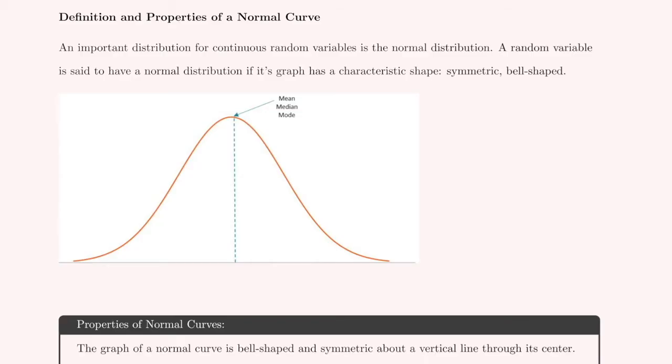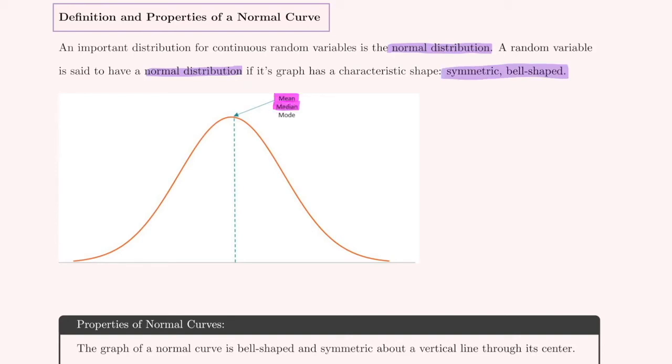Welcome. Let's begin with properties of the normal curve. In statistics, data can be presented as continuous random variables, and one important type of random variable distribution is the normal distribution. A distribution is said to be normal if its graph has the characteristic shape, like a bell, and is symmetric around the mean, median, and mode.